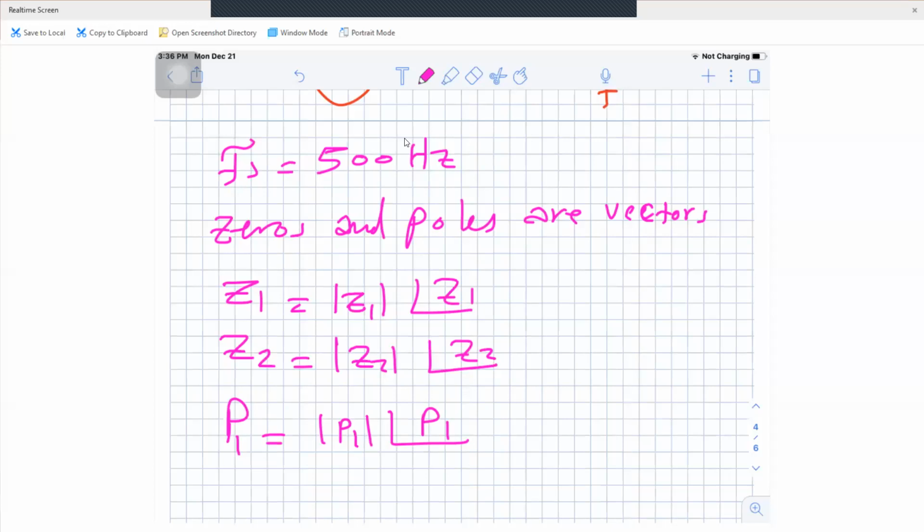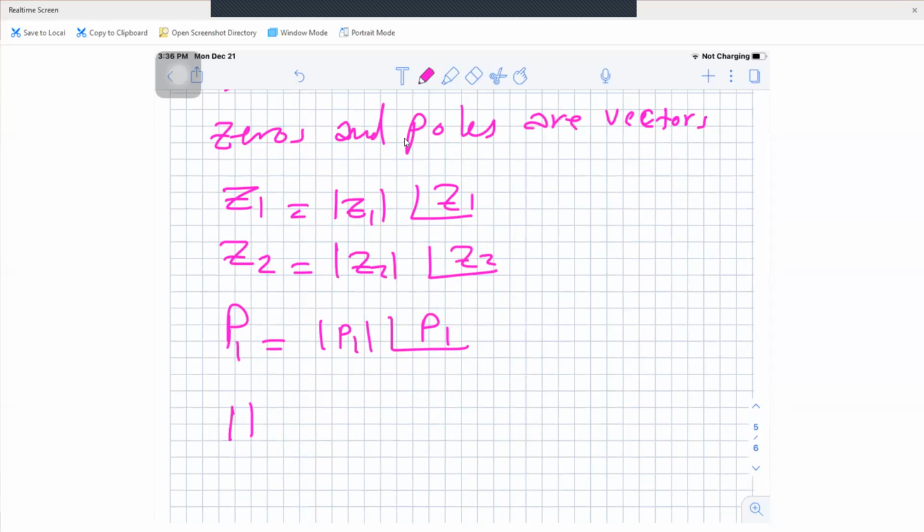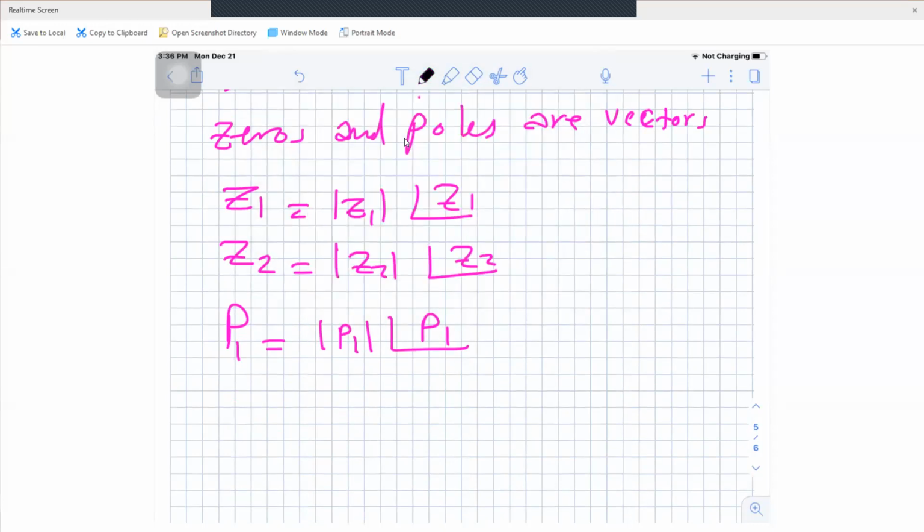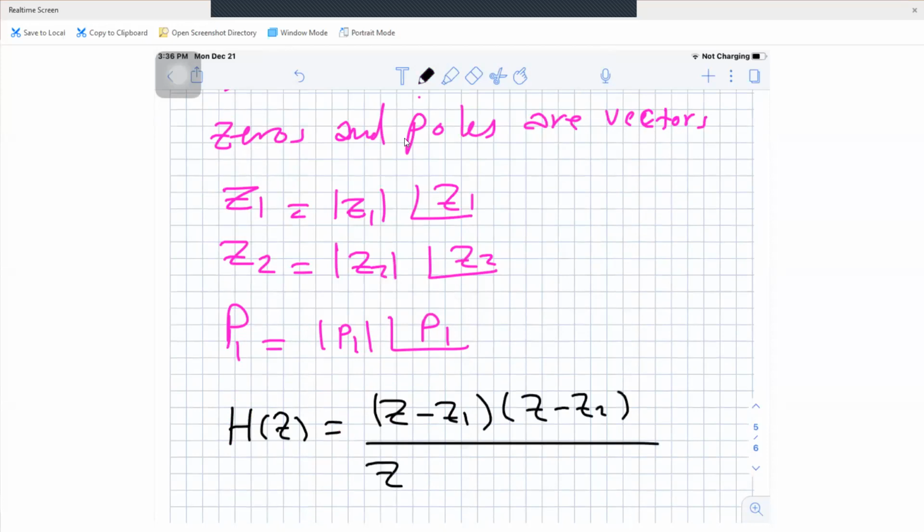Whenever we finish calculating the values of the vectors Z1, Z2, P1, P2, H of Z will be as follows: Z minus Z1 multiplied by Z minus Z2, divided by Z minus P1 multiplied by Z minus P2.